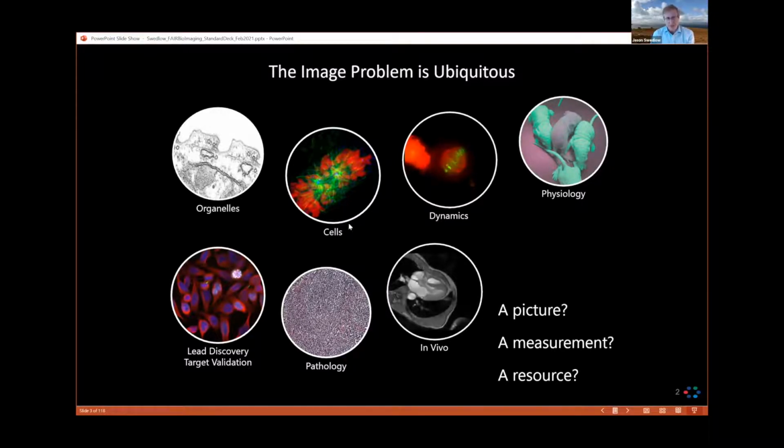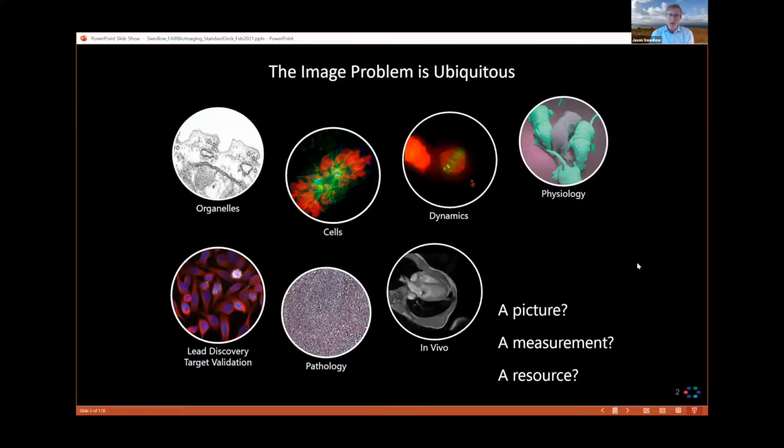So you will know that in electron microscopy, we're really looking at the submicron scale. We have the facility to label biological model systems and organisms in many different ways. So we can probe the dynamics and the behavior of molecules in individual cells.